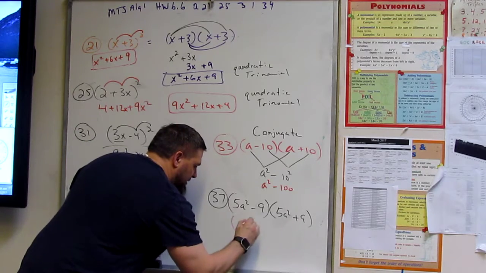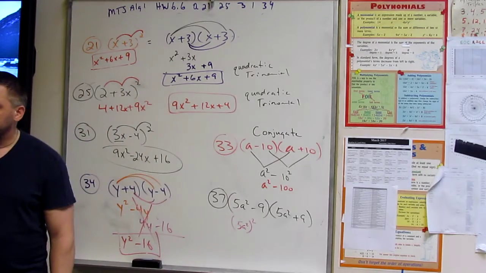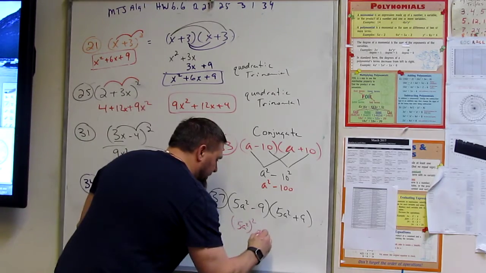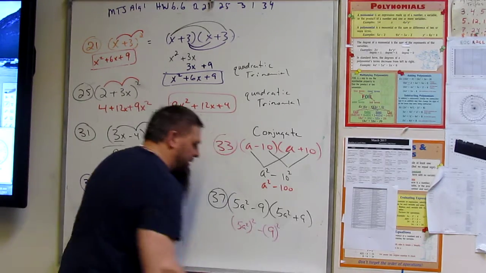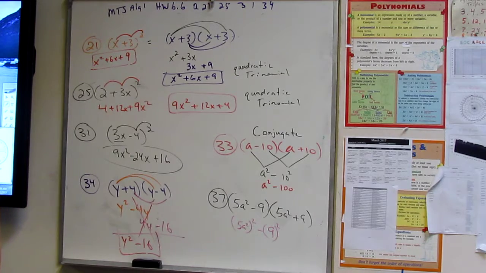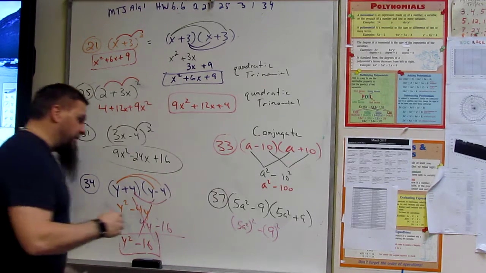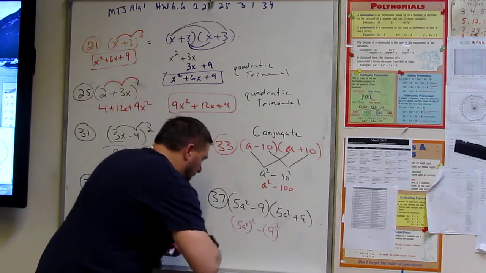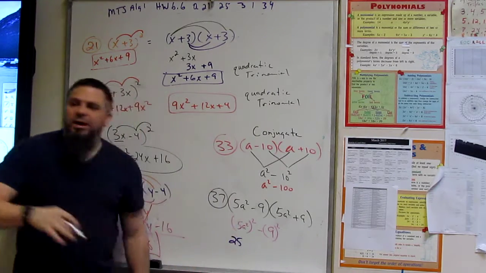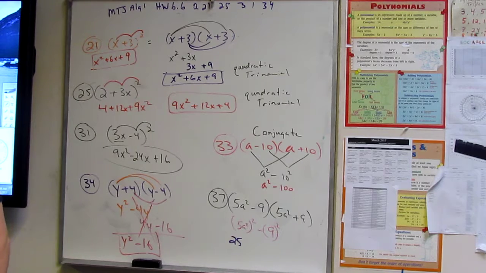That means, what's 5a squared, squared, minus 9 squared. So what is 5 squared? 5 times 5? 25. So we got 25. What's a squared squared? You multiply those 2's, right? To the 4th.